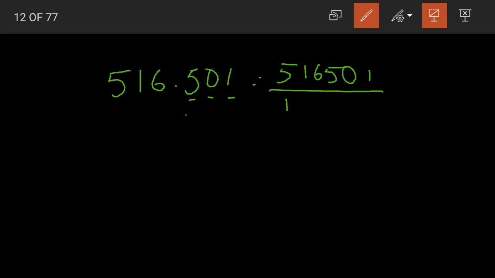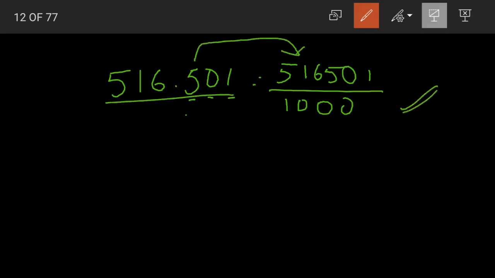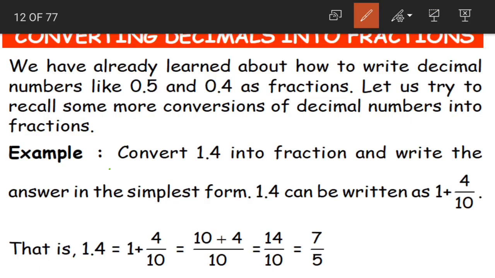We have 3 decimal places. So after 1 we need to place 3 zeros. Understood, children? 516501 divided by 1000. This will be our fraction, decimal converted into a fraction. Now that was the basic conversion.